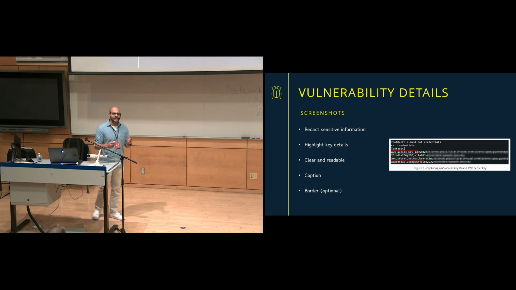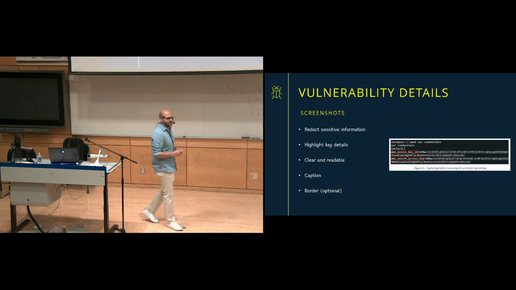Make them clear and readable. Don't add an entire browser as a screenshot when you only want to show the top right corner of the browser itself, right? Add multiple screenshots. There is no limit, but don't let the reader zoom in and see a pixelated screenshot where they cannot really figure out what's happening. So highlight the key details that need to be shown in a clear and readable fashion.